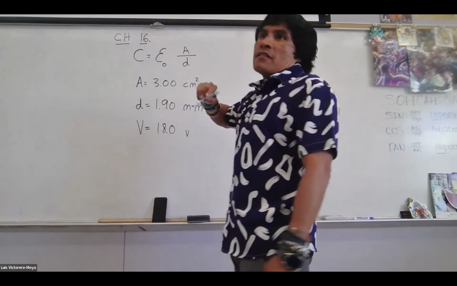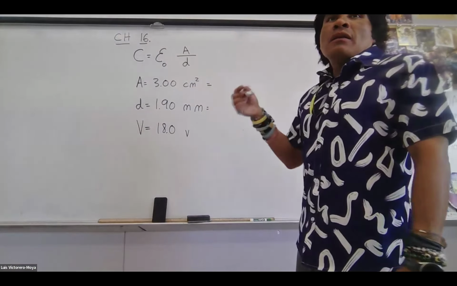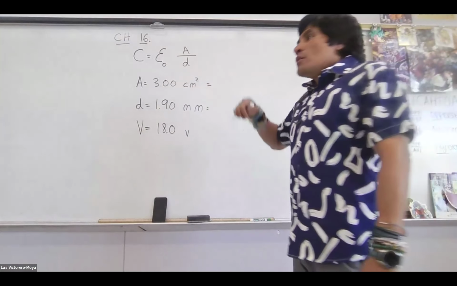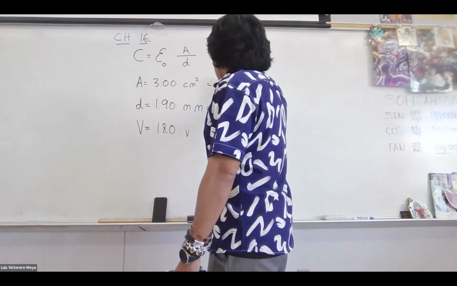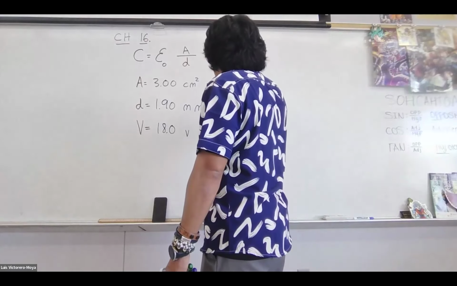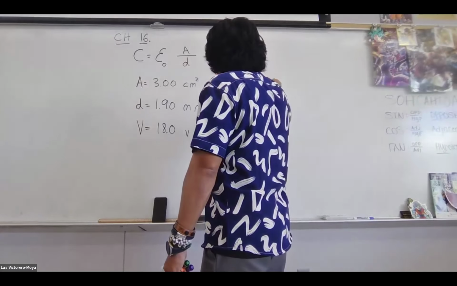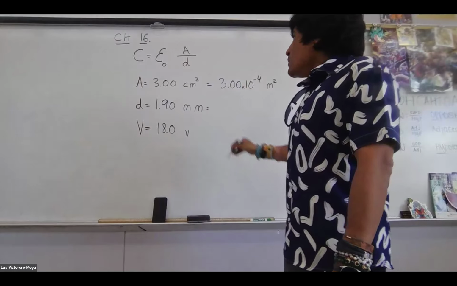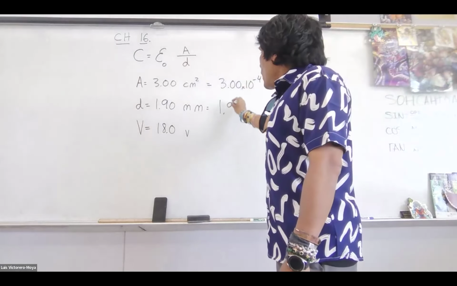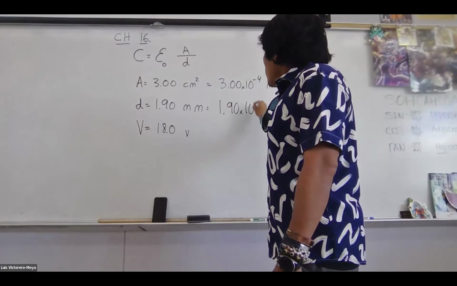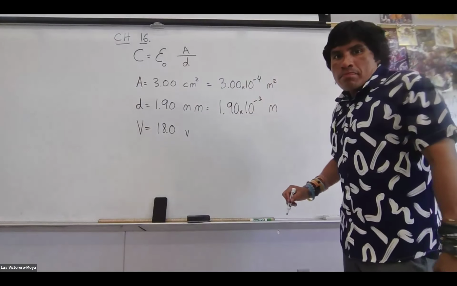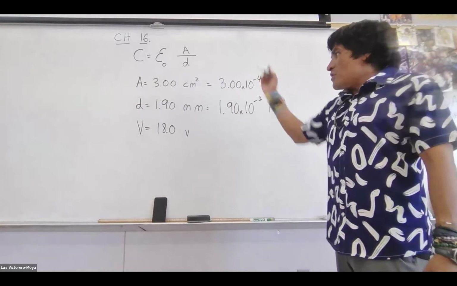To change centimeters squared to meters squared, you divide by 100 twice, because 100 centimeters is 1 meter. And 1.90 millimeters in meters is 1.90 times 10 to the negative 3 meters. And the voltage is just that.